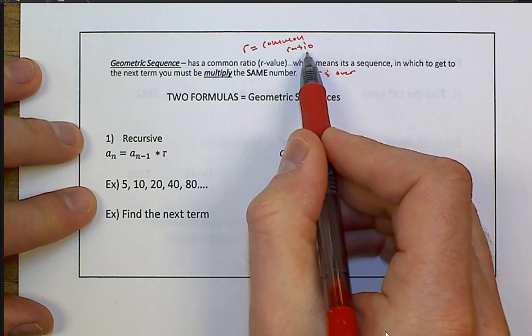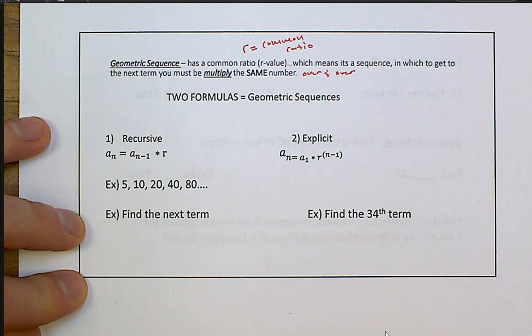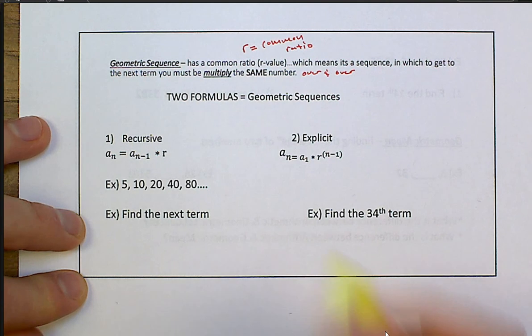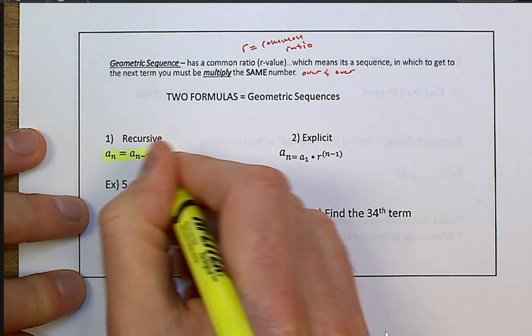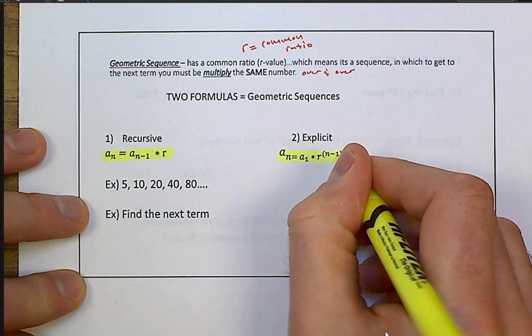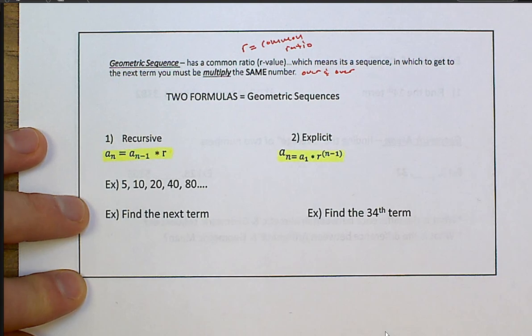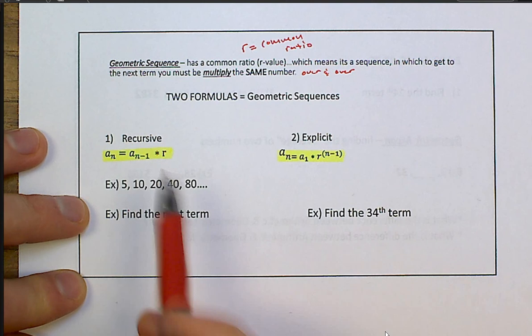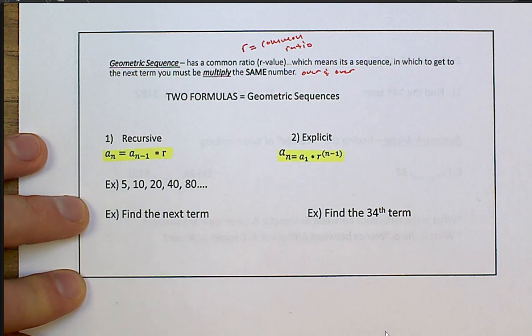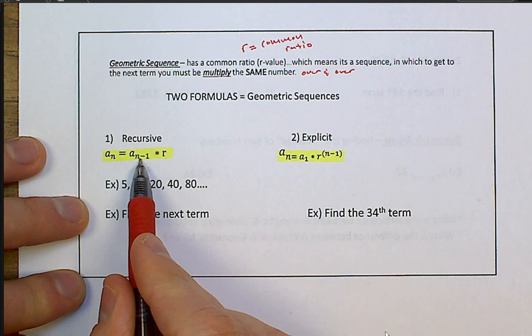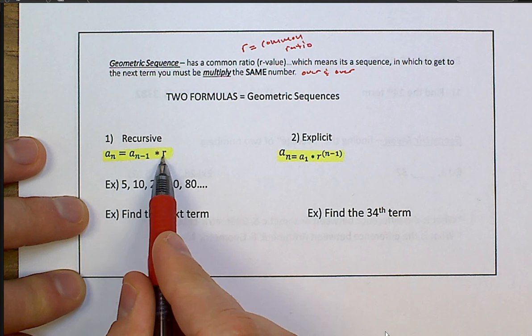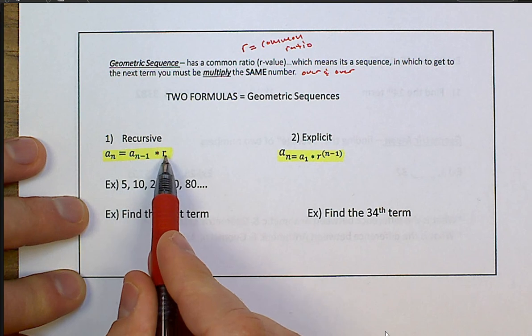It's the same thing. Just like we did in arithmetic sequences, in geometric we have the recursive formula and we have the explicit formula, and they're very, very similar. So if you just take a look at it here, to find the next term, we're taking the previous term and we're just timesing it by R, the common ratio. Again, we're multiplying.